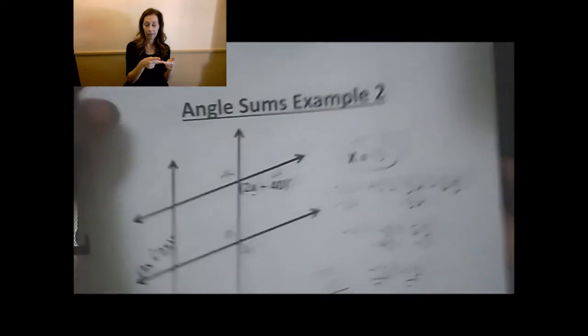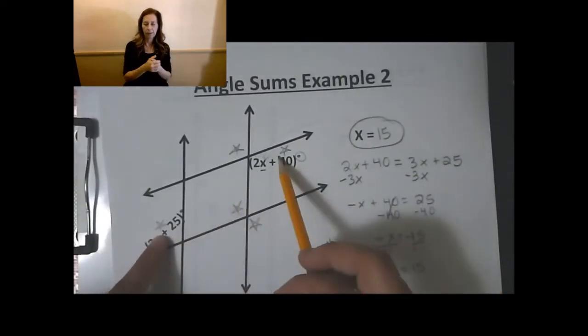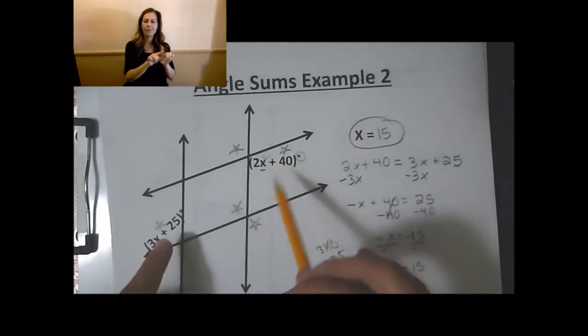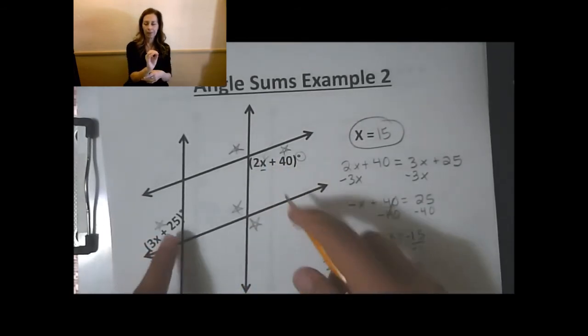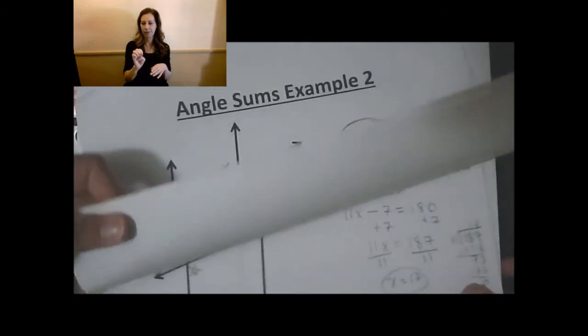So far you've seen two examples. One example where they're in the same position, so let me flip back again. According to vertical and corresponding angles, they're the same degree measurement, so I could set them equal to each other.